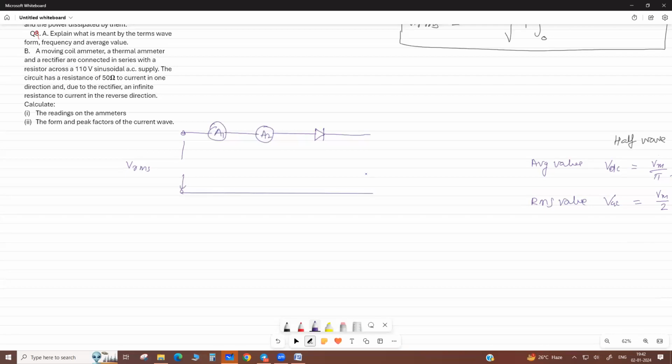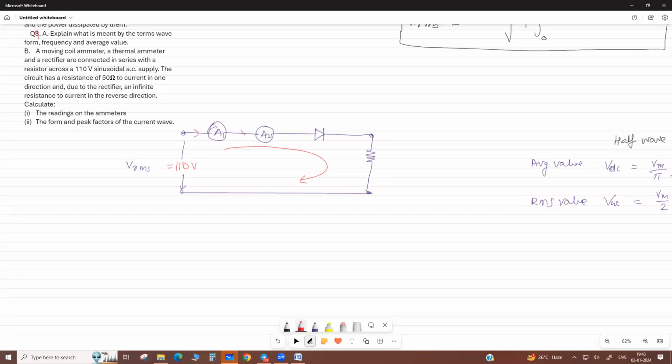Then there is a total resistance here in the circuit. Consider all the meters; suppose they are ideal instruments with no resistance. The diode has zero resistance in forward bias, and in reverse bias it has infinite resistance. So no reverse current will flow. Okay, so here current is flowing this way. So here it is 110 volt.